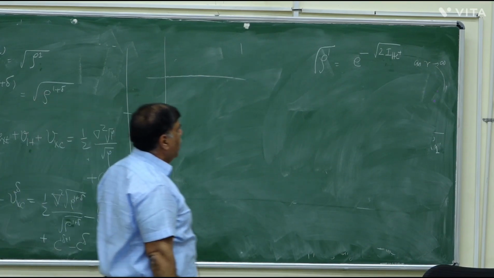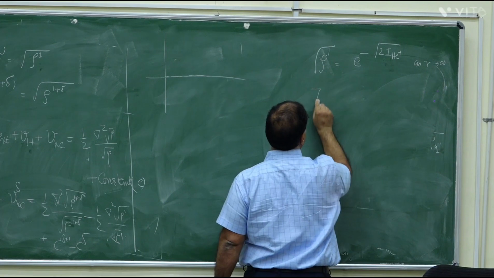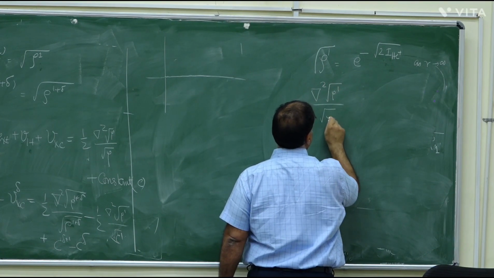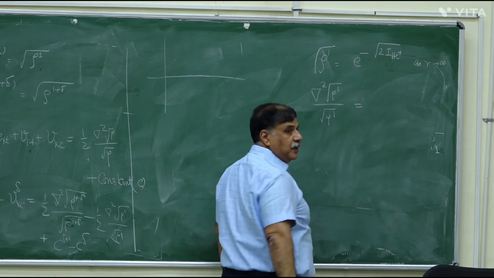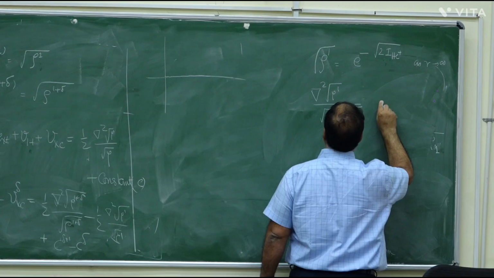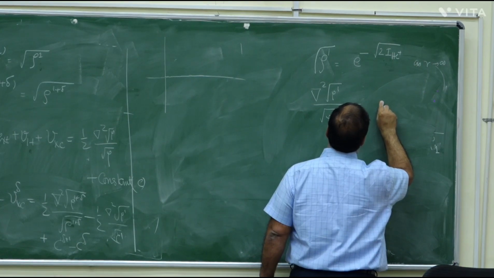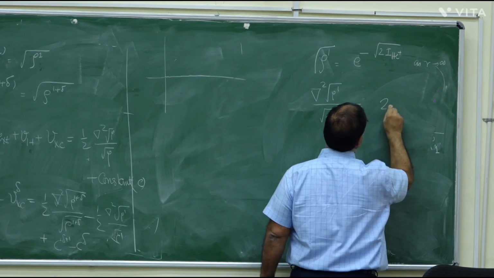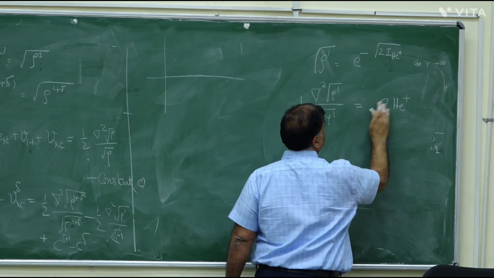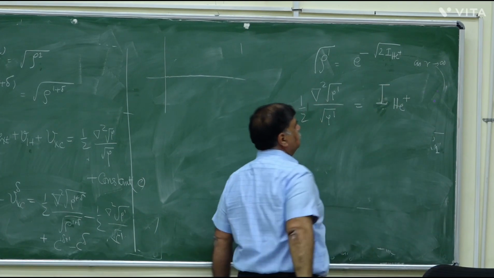Okay? And therefore, del square rho 1 over square root of rho 1 will be equal to, the 1 over R term will go away, the second derivative will give twice, 2 times the ionization potential of Ag plus.